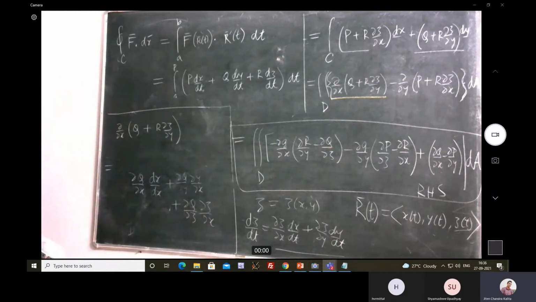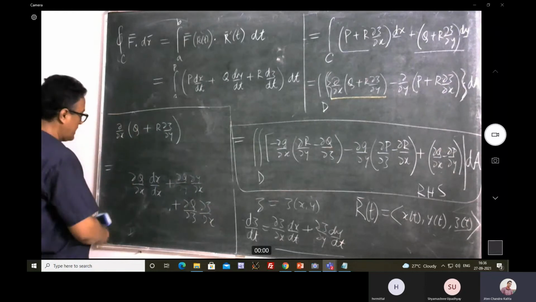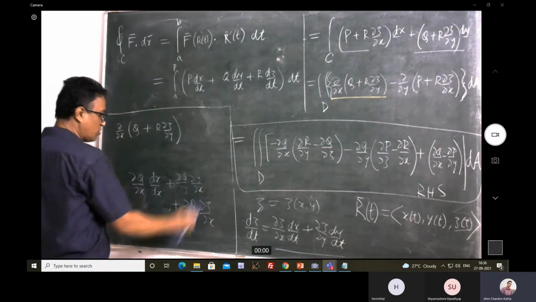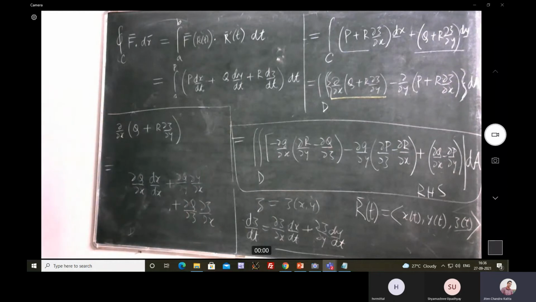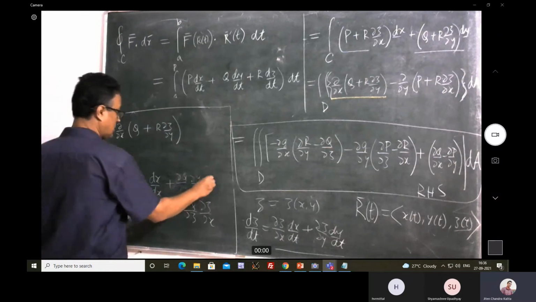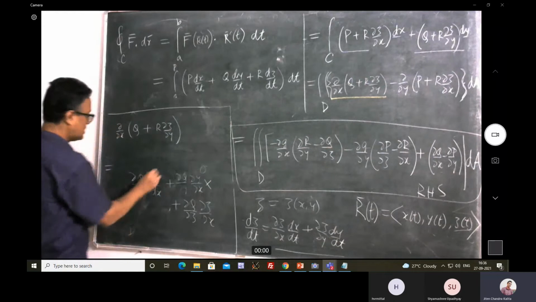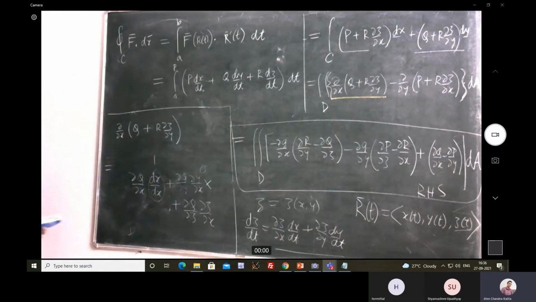I think this should give me eventually del Q del x plus this del Q del z into del z del x. Am I correct or not? I should have, because this term, this is del y del x, this is 0. This is simply 1. Right?